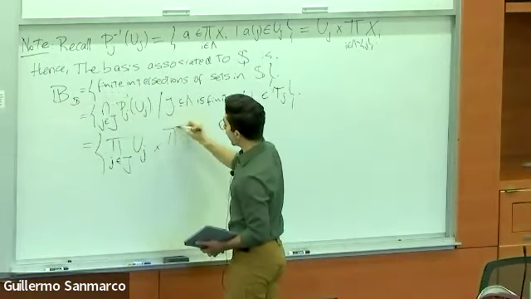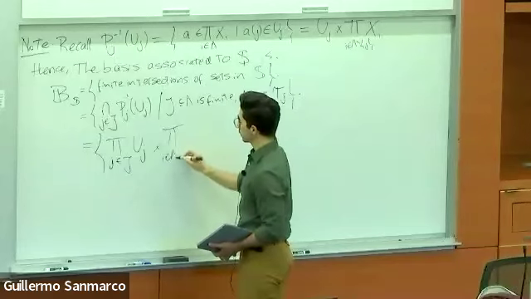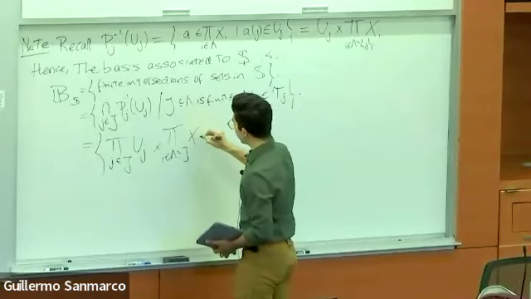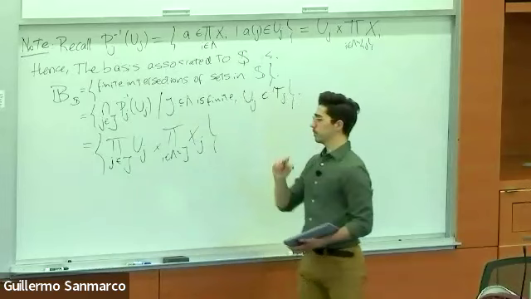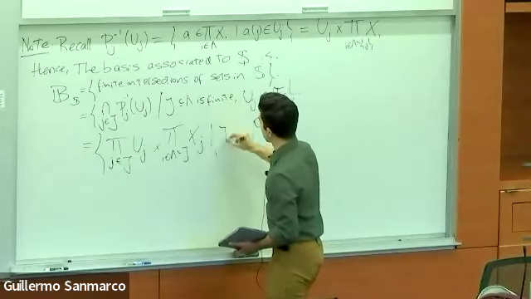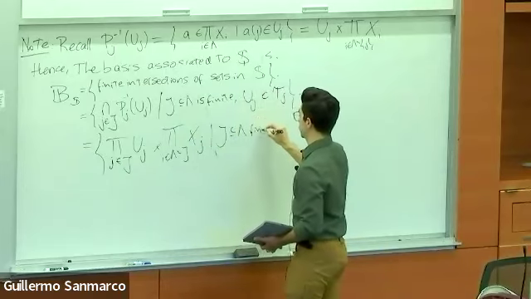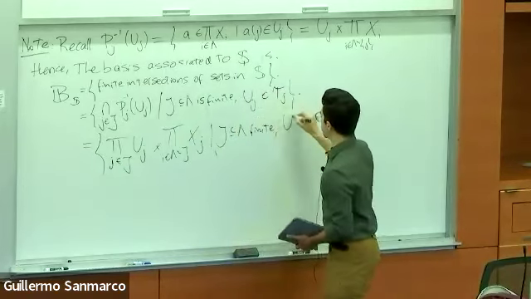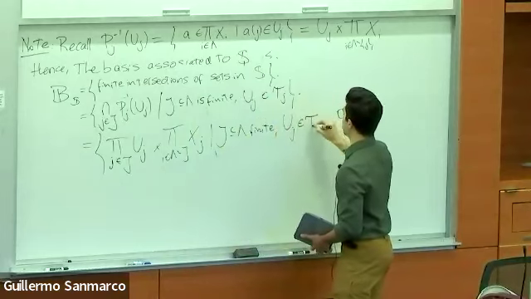And then for all other coordinates, I will have the entire X. And here, J is finite, and each Uj is open in Xj.